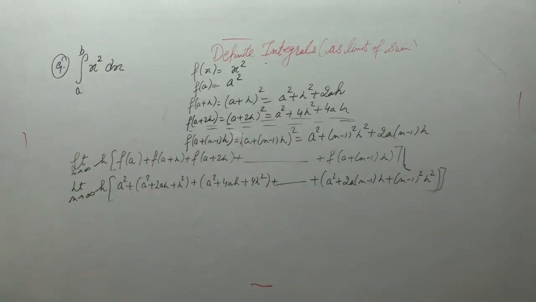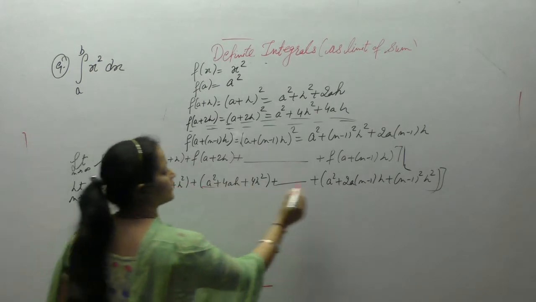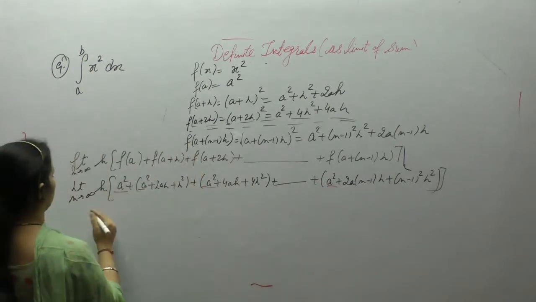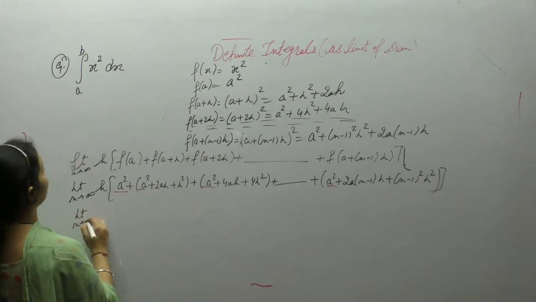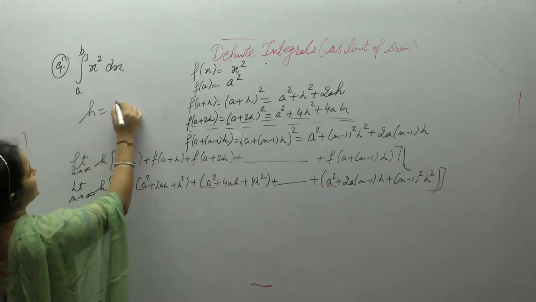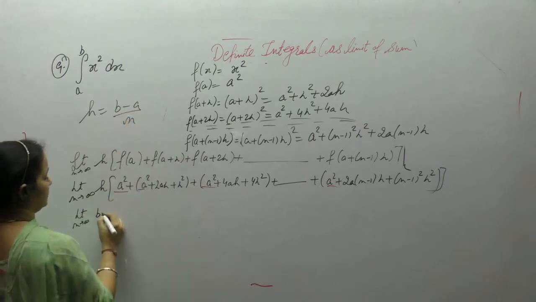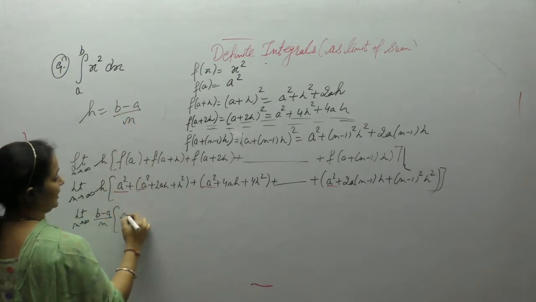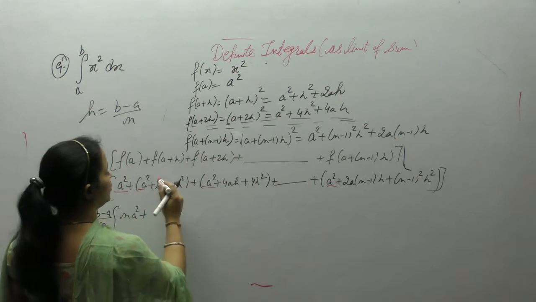Now a square is common in all, so n times a square. What is the value of h here? b minus a upon n. So n a square.